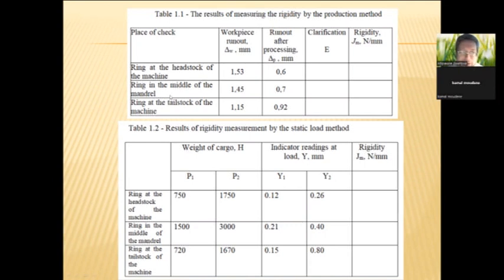On the ring in the middle of the mandrel, delta W is equal to 1.45, and after processing, delta P is equal to 0.7. For the ring at the tailstock of the machine, before processing delta W is equal to 1.15. After processing, delta P is equal to 0.92.